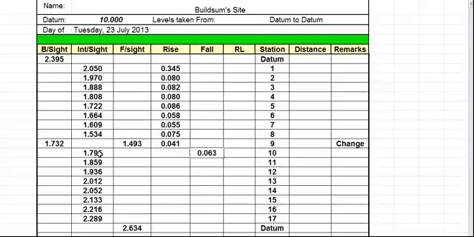And we keep working our way down. So this one minus this gives us a negative again of 64 mil. So that minus that gives us a negative of 77 mil. That minus that gives us a negative of 76 mil. That minus that gives us a negative of 40 millimeters.